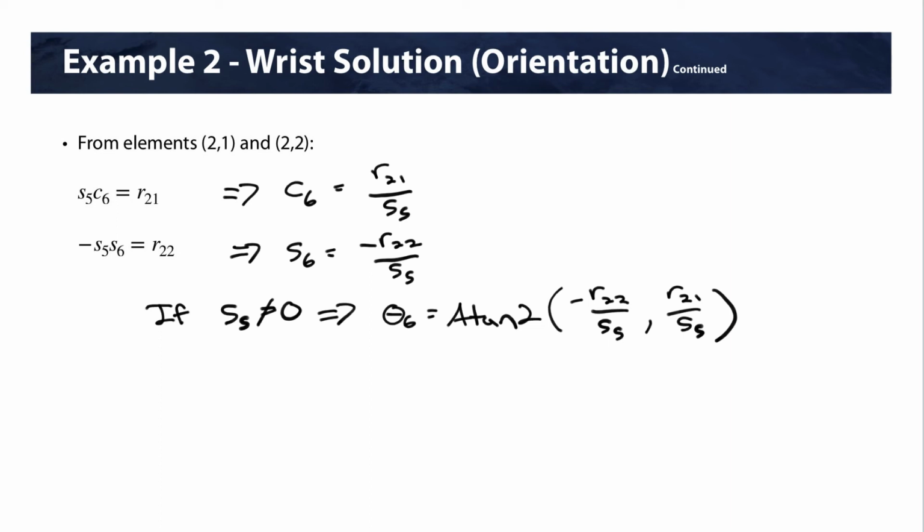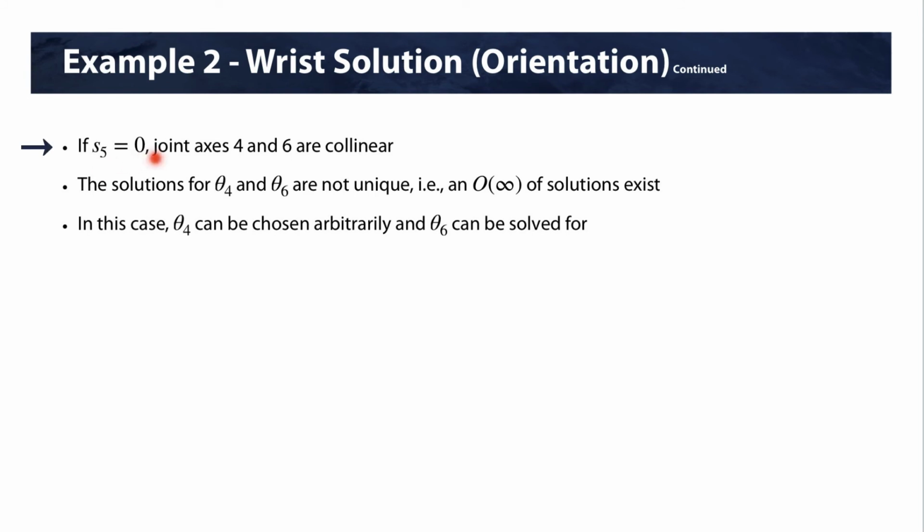And so we've solved for theta 4, 5, and 6, but we have this case where S5 is equal to 0, which is definitely possible. So let's look at that case. If S5 is equal to 0, this means joint axes 4 and 6 are collinear. If we were to draw those joints, here is joint 4, this would be joint 5, and this would be joint 6.